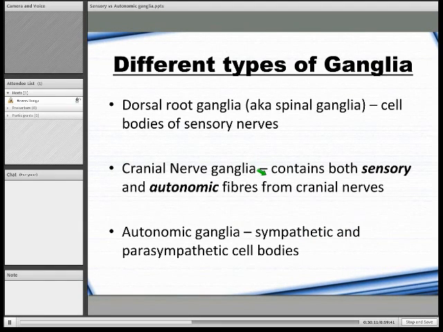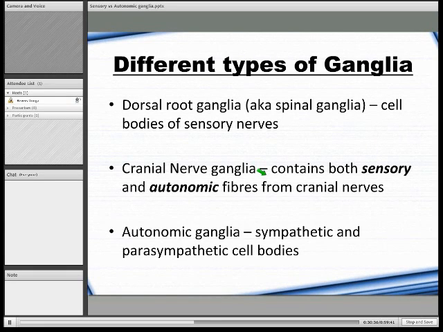You can basically classify them in different ways, but for our presentation we've chosen to put them into three main subgroups: dorsal root, cranial nerve, and autonomic ganglia. So dorsal root ganglion contain nerve cell bodies in the posterior root of the spinal nerve, and these are sensory ganglia. They carry information from the body to the central nervous system.